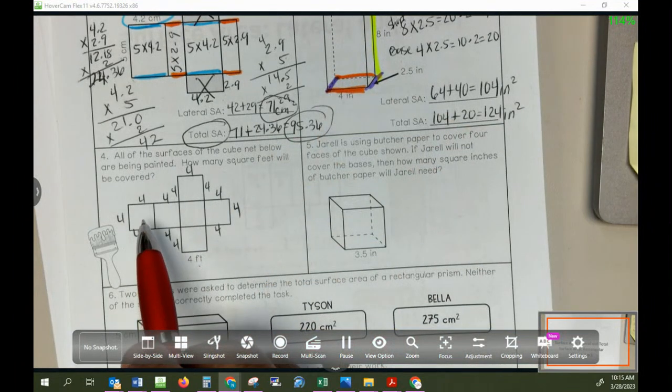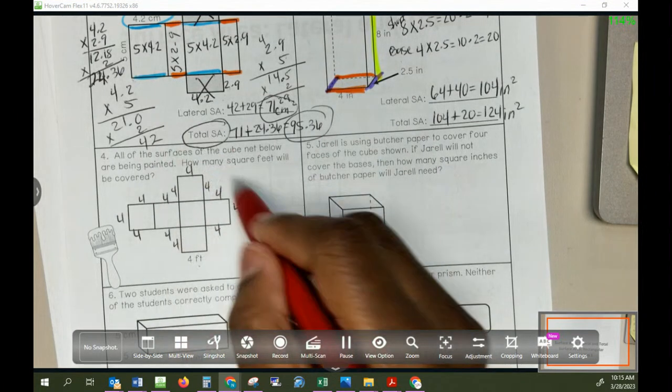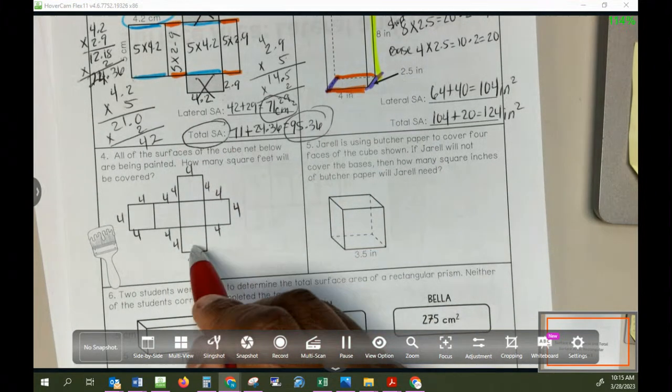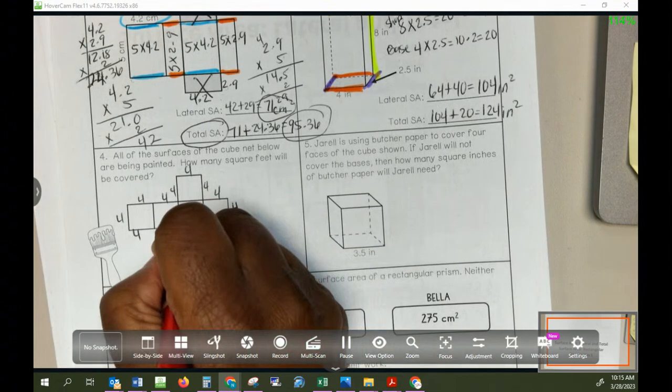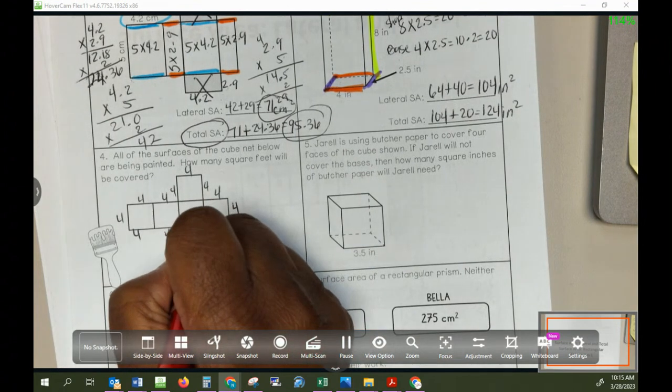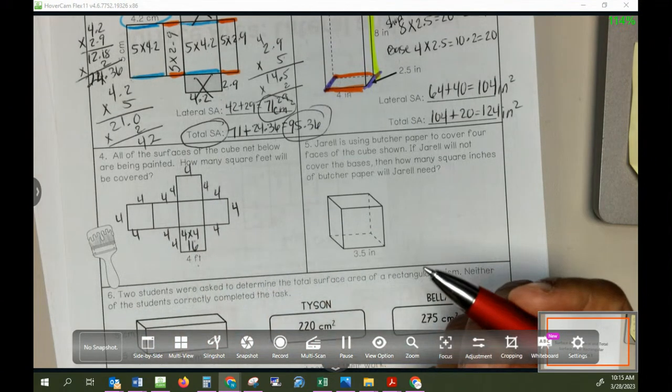So what do I need to multiply to get the area of each one of these? Or, if every side is the same, what is the area of one face? Let's start there. 16, because you said 4 times 4 is 16. So if this is 16, that means each one of these is 16, correct?